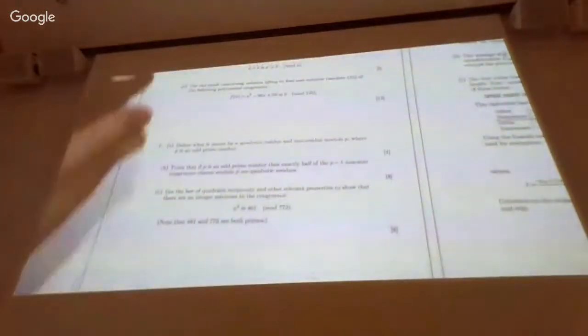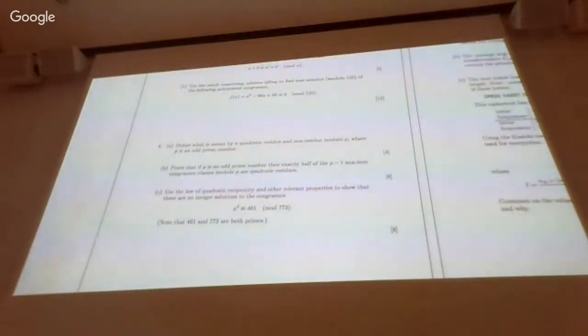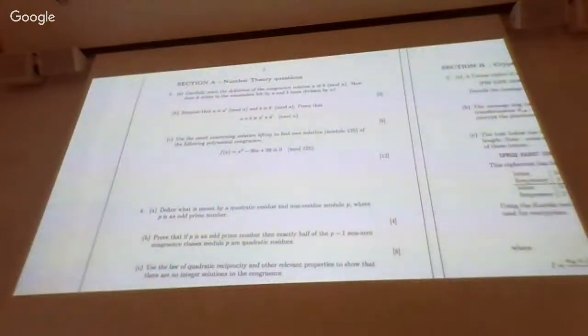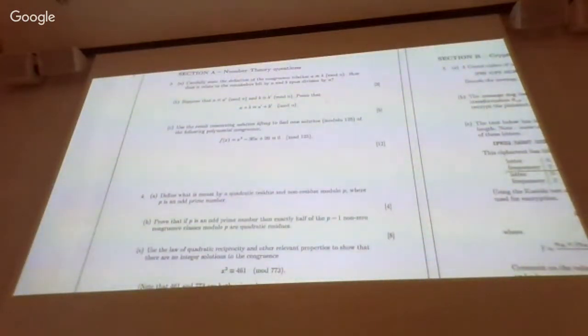Question 3 is about congruence and polynomial congruences. And question 4 is all about quadratic residues. And then there are the 4 cryptography questions as well.